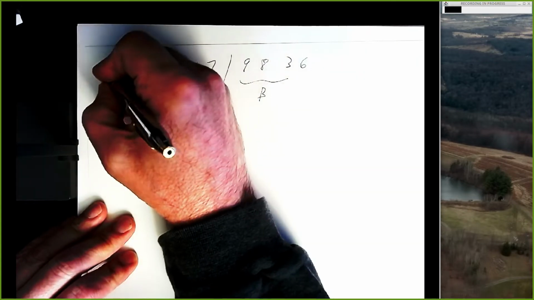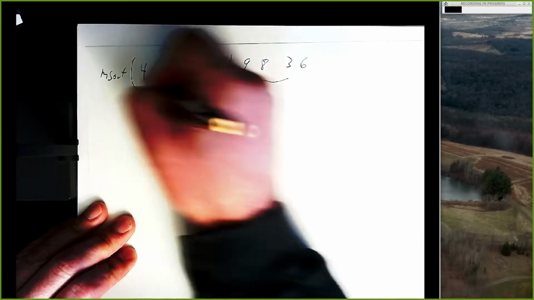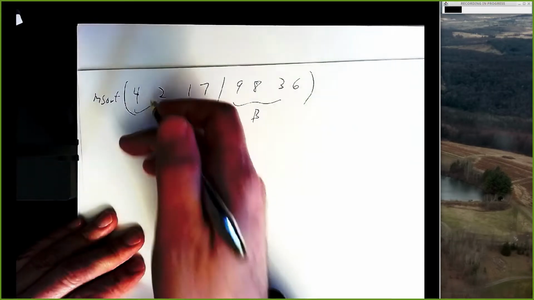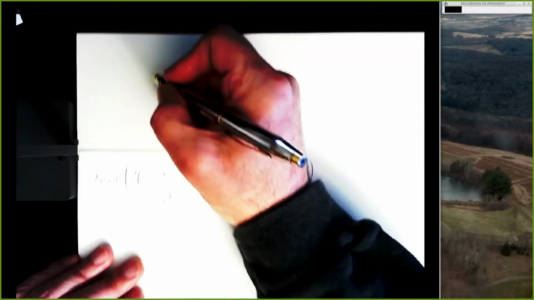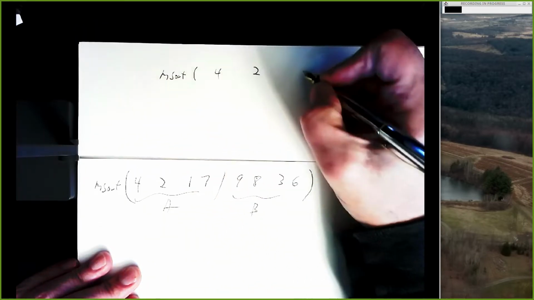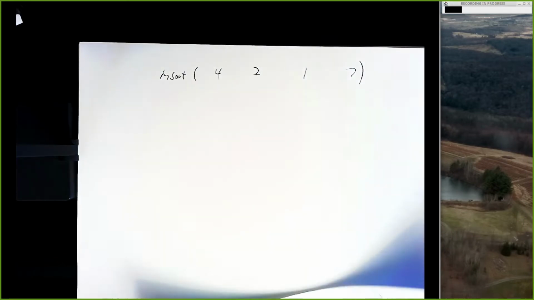So this was our original call, which was trying to sort all of this data. So we're going to make a recursive call to merge sort on this smaller set. So we're going to say let's msort 4217. Alright, I'm putting this call on my stack.